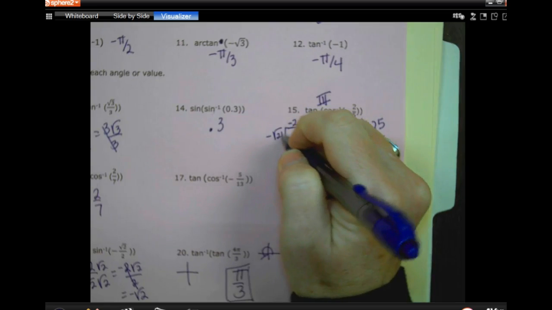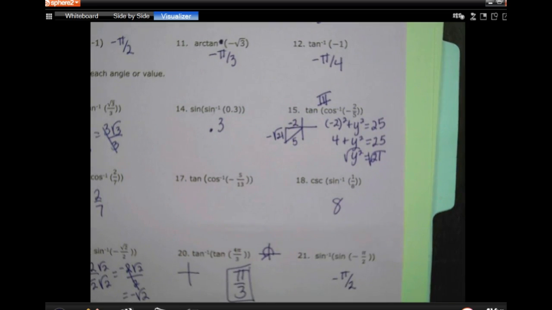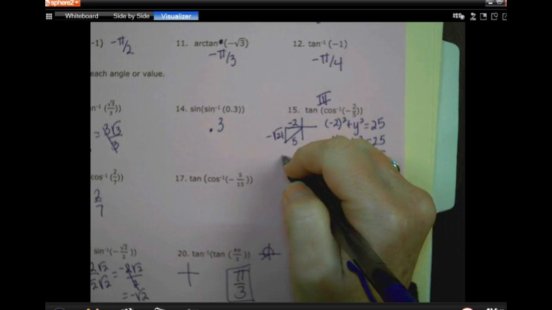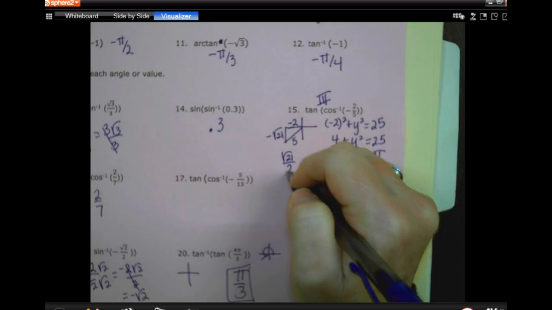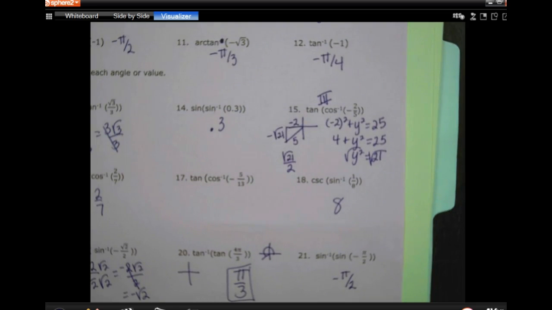So it's negative square root of 21. I want the tangent. So I want y over x. So I get negative divided by negative is a positive. And I get square root of 21 over 2. That's the answer. Positive.